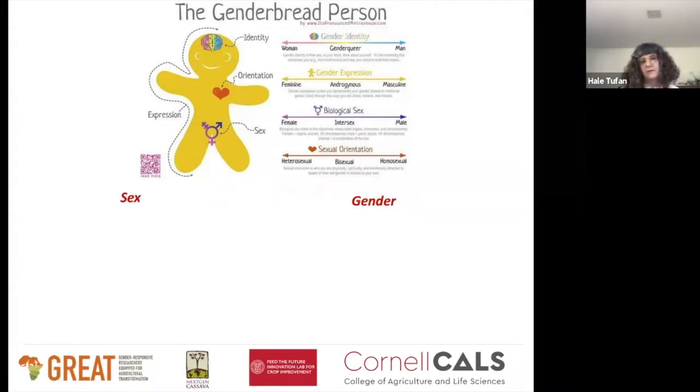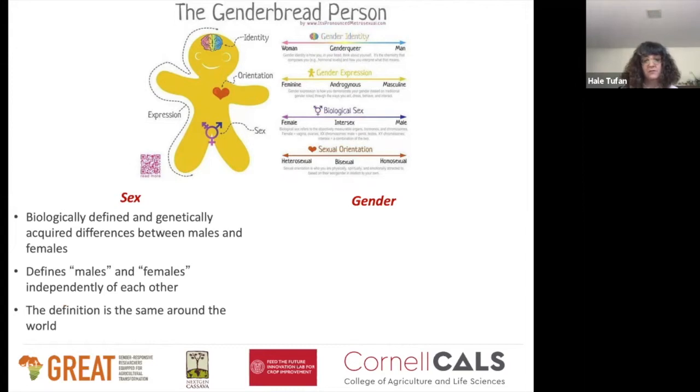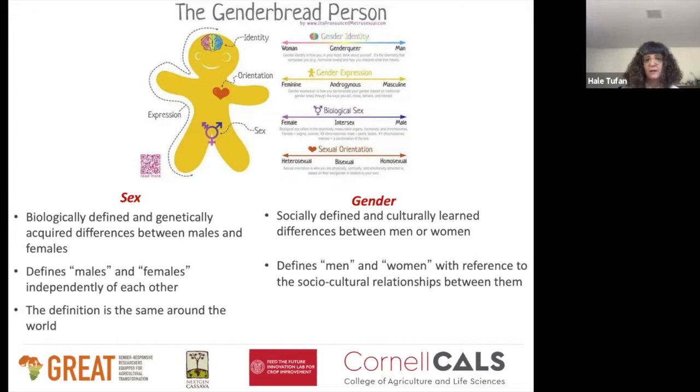A lot of the time, the first thing we start with is the difference between sex and gender, and I'll just spend a few minutes on this. Sex is biologically defined and acquired at birth. Males and females are defined independently of one another, and the definition is mostly the same around the world. Gender, whereas, is completely socially defined. It's culturally learned differences between what it means to be a man or a woman. Gender is really a relational concept, socially constructed and relational.